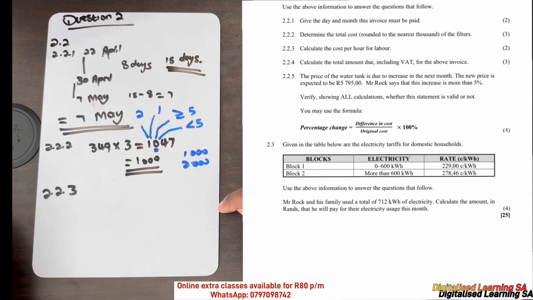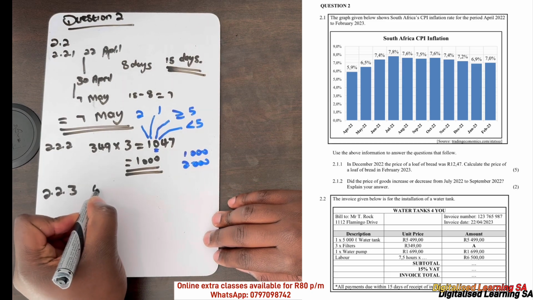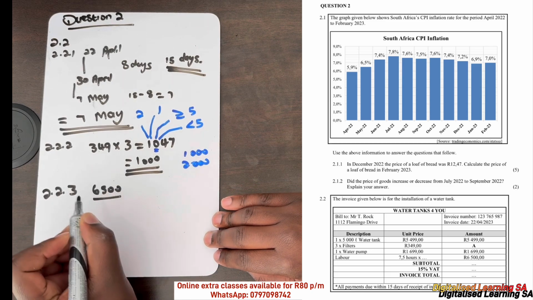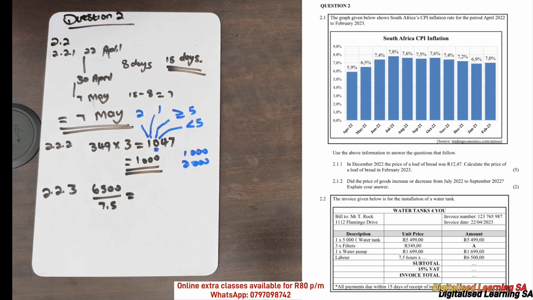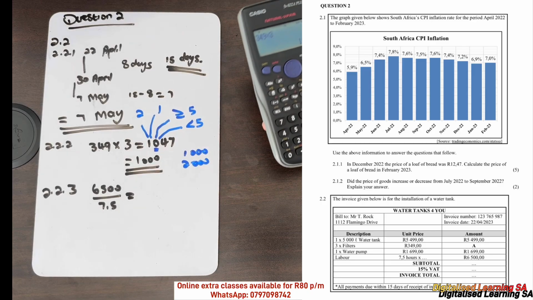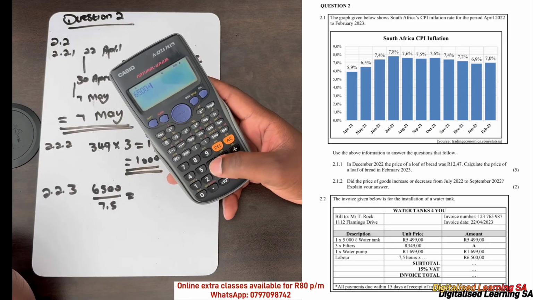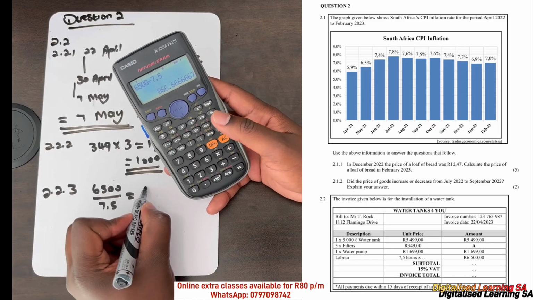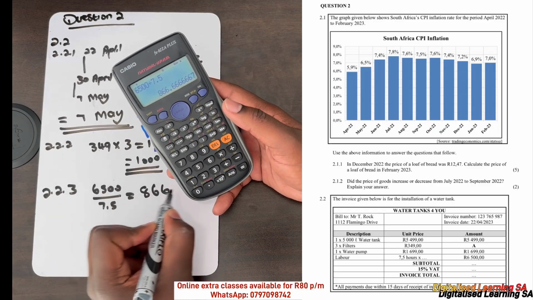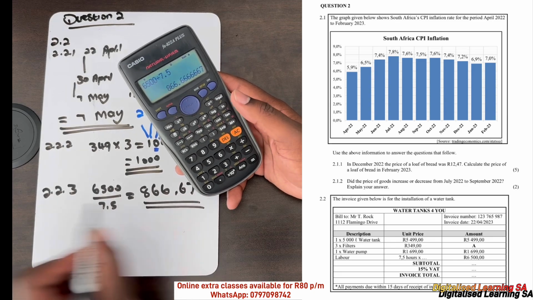So to find the cost per hour for labor, we just say 6,500 divided by 7.5. So 6,500 divided by 7.5, and our answer will be 866.67. So we rounded it off to 2 decimal places.